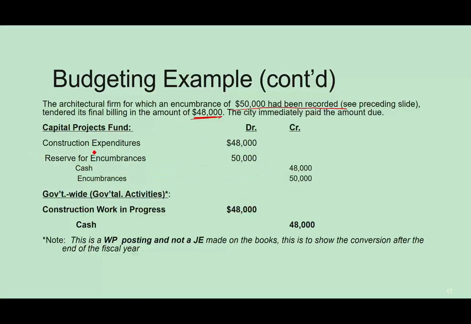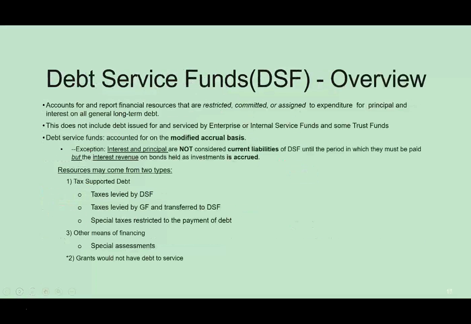Then we debit construction expenditure and credit cash for 48,000. Now, in the government-wide financial statements, they will debit an asset called construction in progress, or CIP, and they will credit cash because we paid cash. Okay.